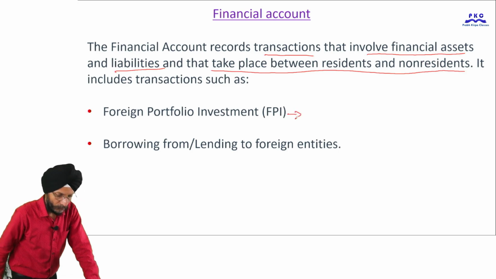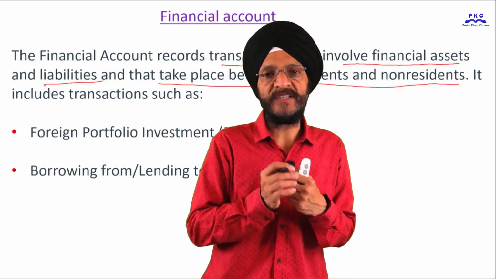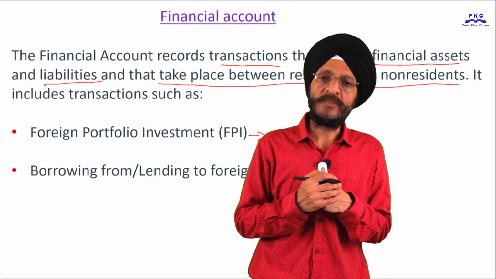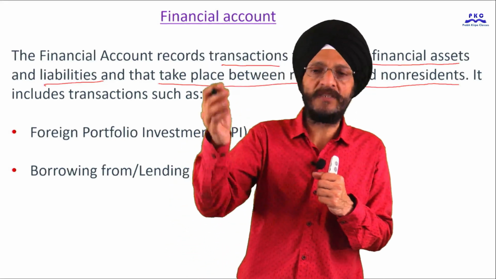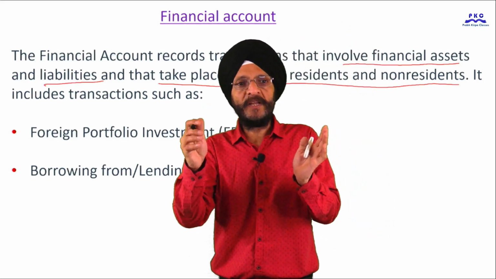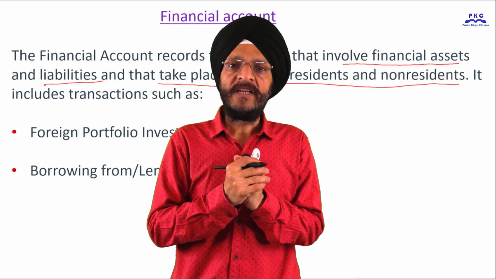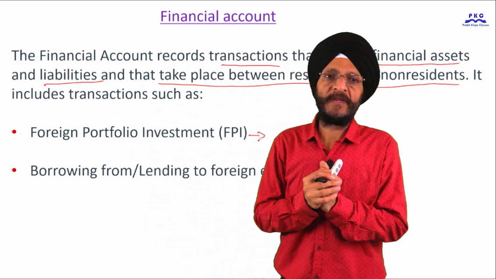When we are talking about foreign portfolio investment, it means purchase and sale of financial assets such as stocks, mutual funds, and other securities by investors from other countries. By adopting the FPI route, the foreign investors cannot take the ownership rights of the company.